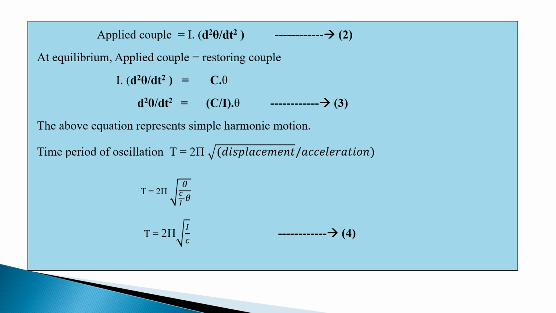So T is equal to 2 pi root of theta divided by C by I into theta. Theta and theta get cancelled. C by I can be brought to the numerator, so it will be reversed. T is equal to 2 pi root of I by C. Take it as equation number 4.